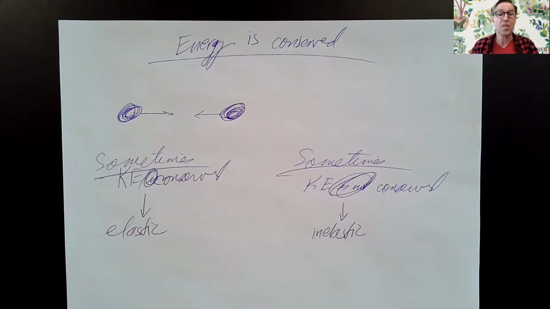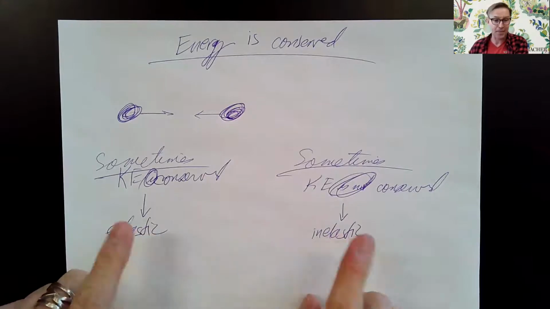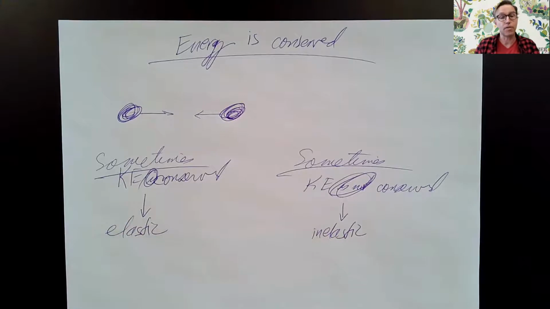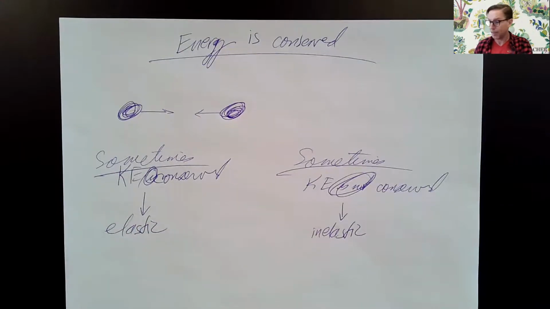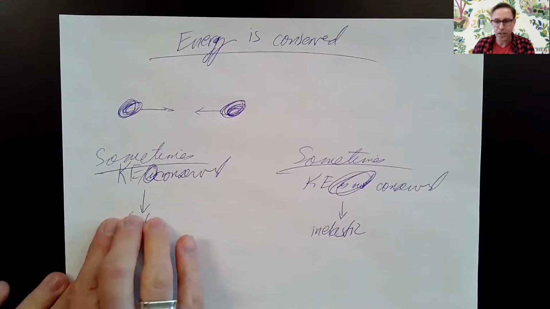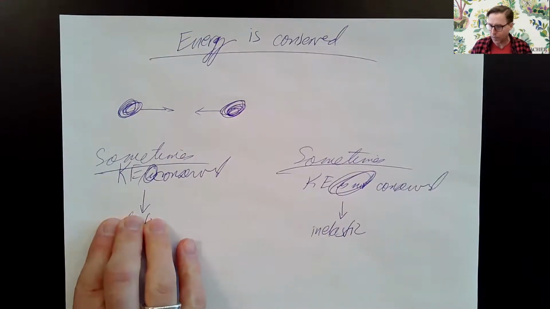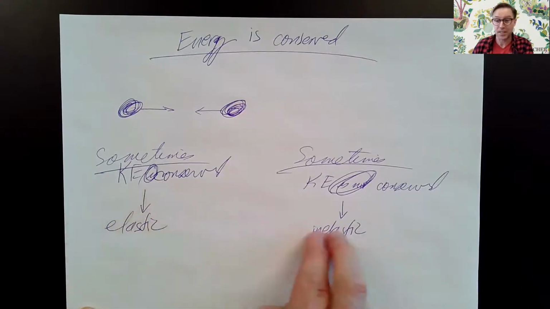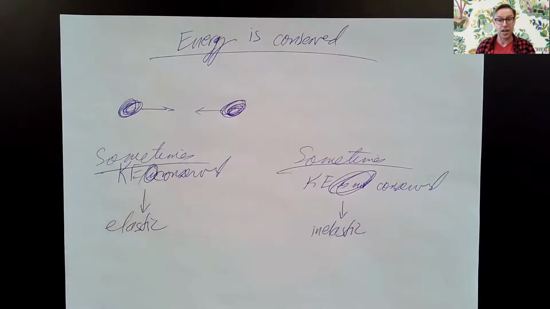Now, the problem with these adjectives is that you've heard the word elastic before, and you think of rubber bands and bouncing balls. That's not what this is referring to. It's just an adjective that you don't make any association with; it means kinetic energy is conserved. And inelastic, don't make any associations, means kinetic energy is not conserved.